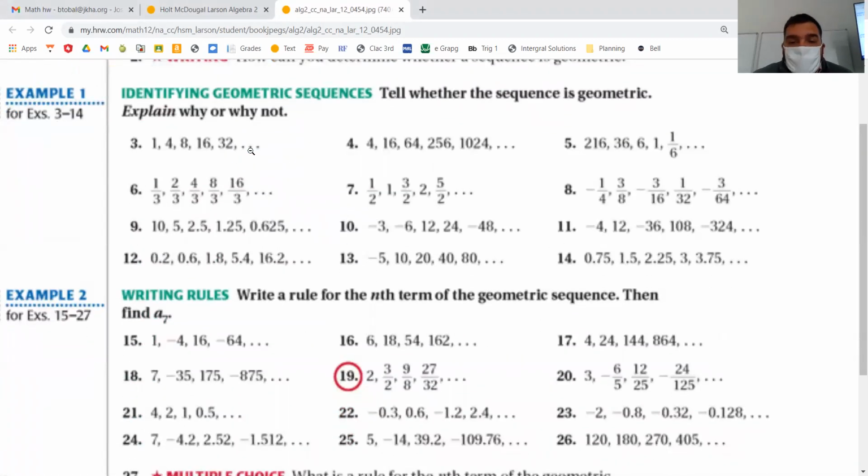Wait, what's the homework? Which numbers were you doing? 3 through 11 odd and 15 to 21 odd.